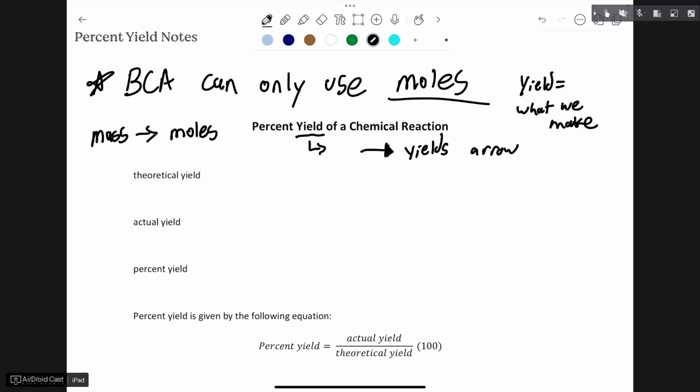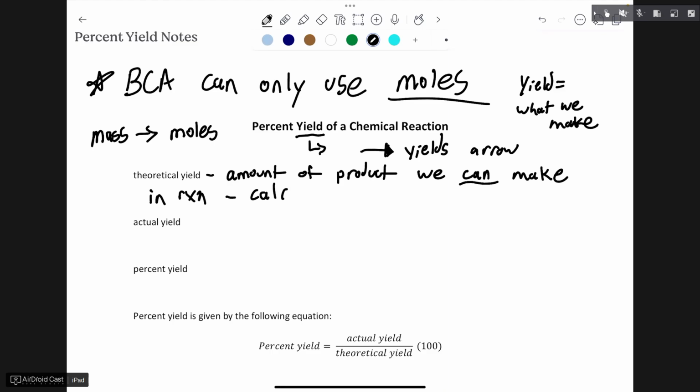So there's a few different types of yields that we are going to be looking at together. The first one is called a theoretical yield. This is the amount of product that we can make in the reaction.